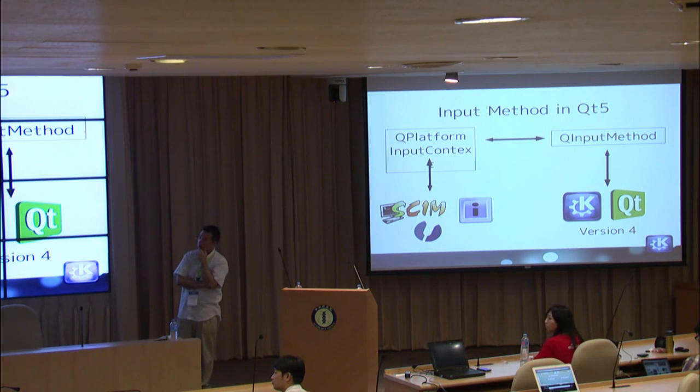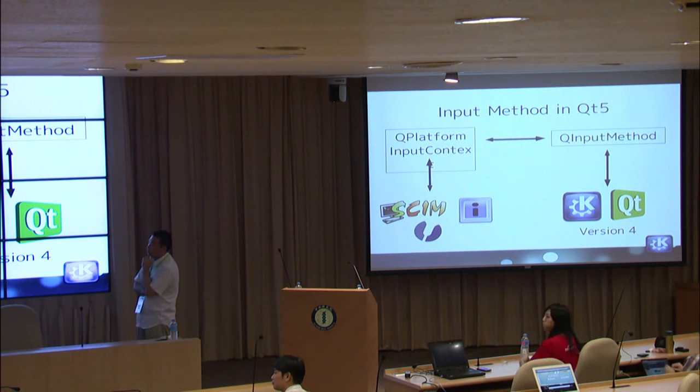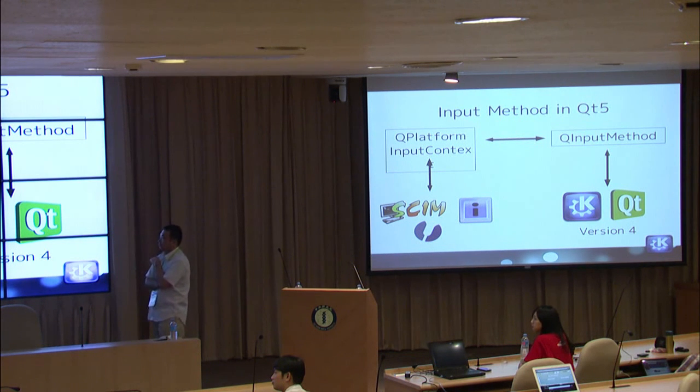Okay. Should we modify a lot of code to support this method? There are a lot of SCIM or IBus Chinese methods or modules in use, and we can write a wrapper to support this module and input in the platform input context and then send to a Qt input method.